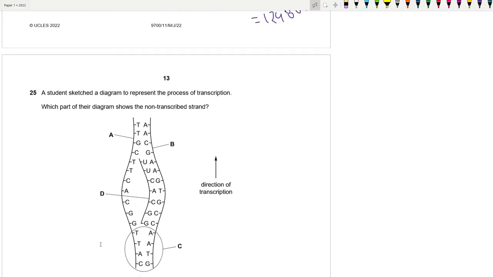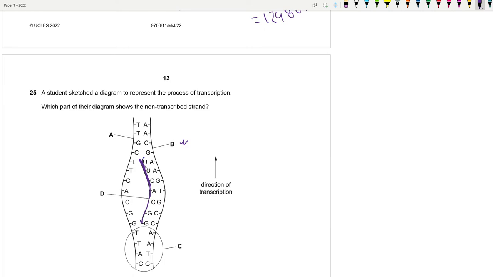25. A student sketched a diagram to represent the process of transcription. Which part of the diagram shows a non-transcribed strand? Non-transcribed strand. Okay. So guys, careful over here. In 25, B is the transcribed strand because this is the mRNA molecule.